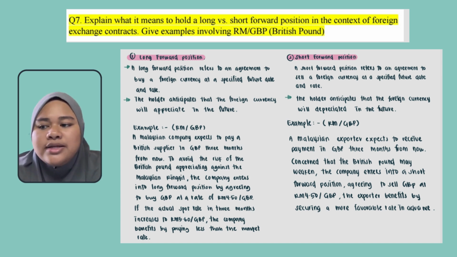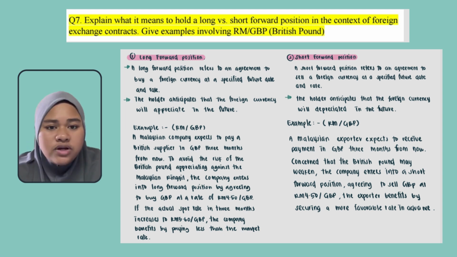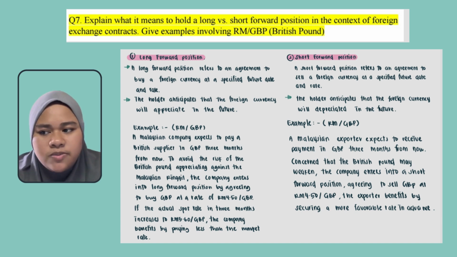The holder anticipates that the foreign currency will appreciate in the future. For example, a Malaysian company expects to pay a British supplier in GBP 3 months from now.